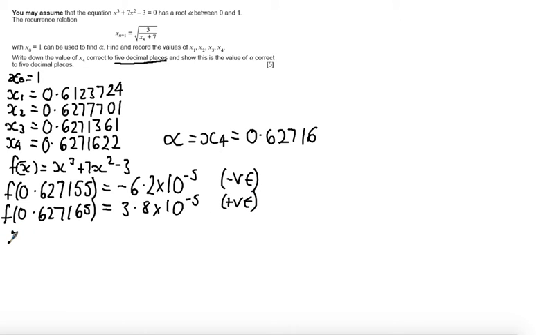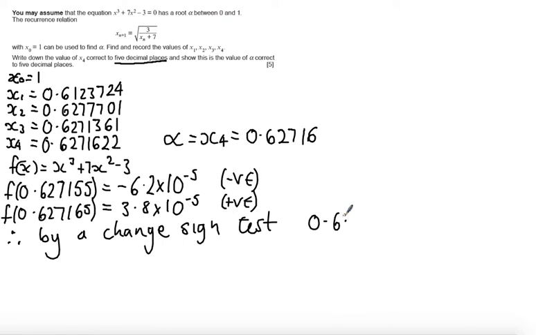So it leaves me just to say, therefore, by a change of sign test, what I know is that alpha must lie between 0.627155 and alpha lies between and is below 0.627165.